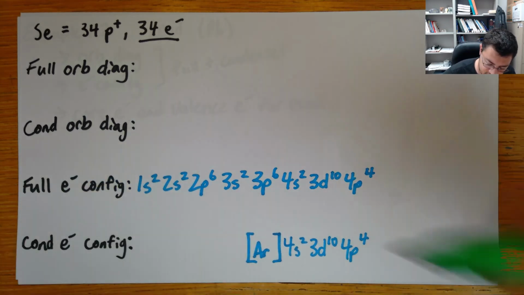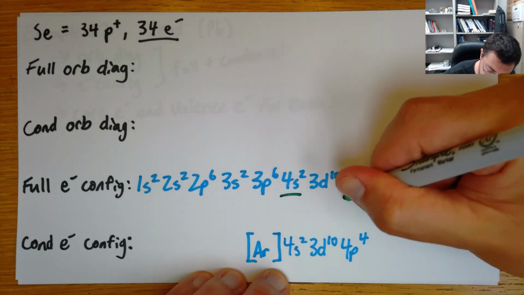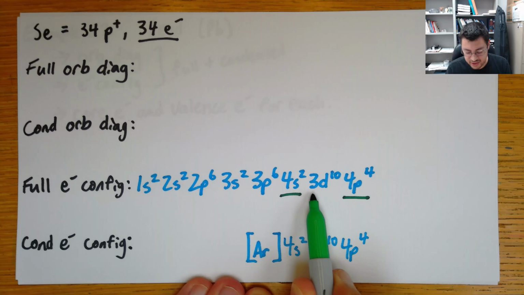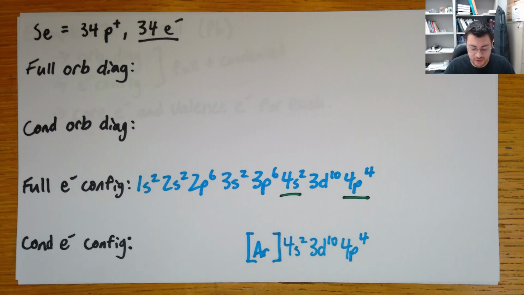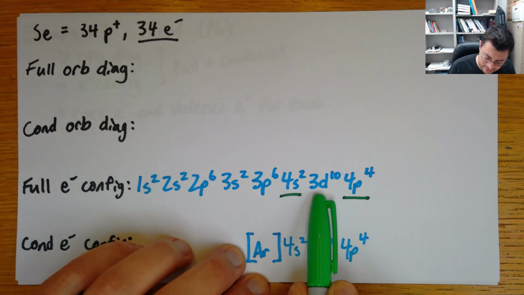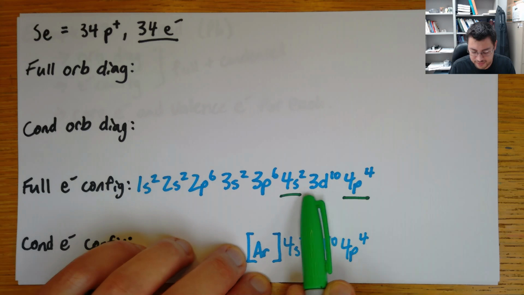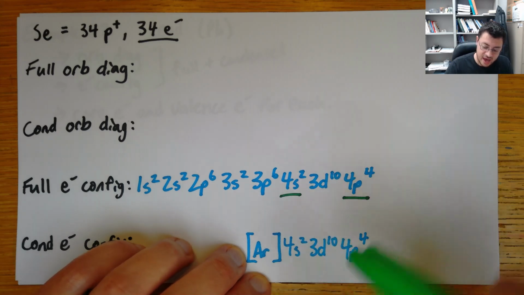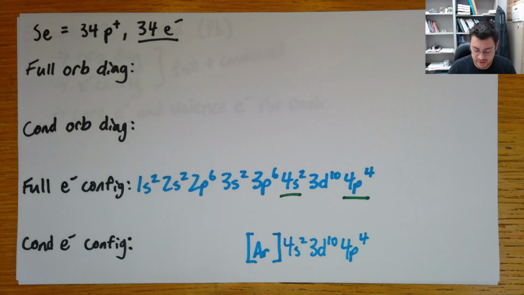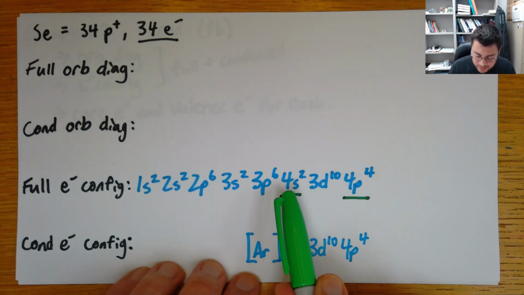Right here would be our valence electrons. Notice I did not include the 3d10. As we explained before, those 3d electrons are closer to the nucleus, which means they're not valence electrons. You're like, well, it filled in between these valence electrons. Yeah, but it's smaller. It's got a lower n value, which means they're going to be held too tightly to do any chemistry with. So highest n, boom, boom.